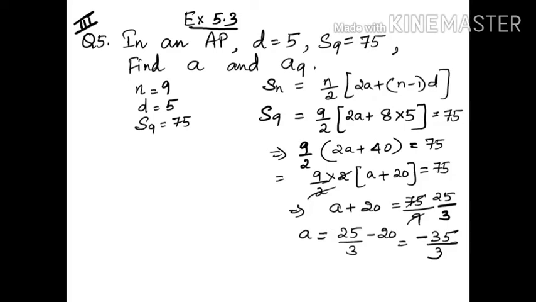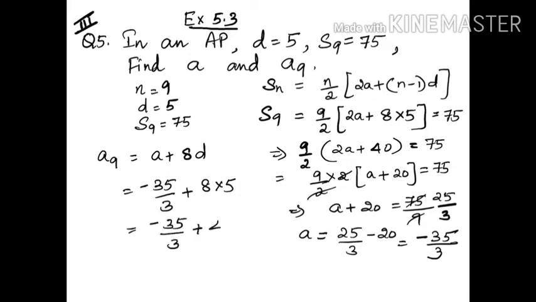Now we can find the ninth term, which is given as a plus 8d. So minus 35 upon 3 plus 8 into 5. On adding these two numbers, we get 85 upon 3.